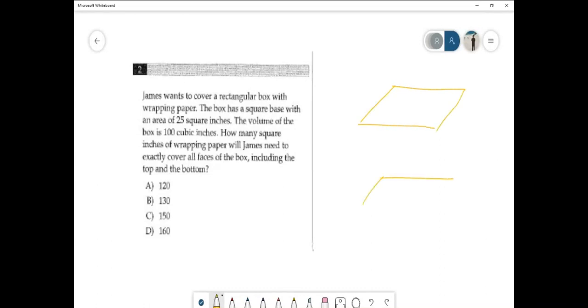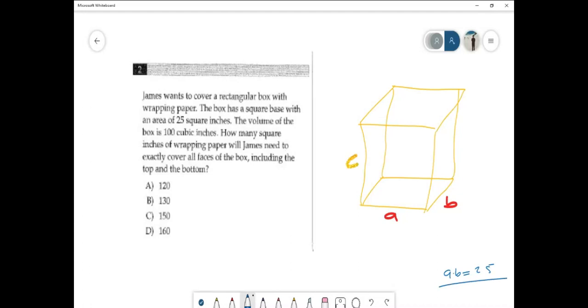That means we have something like this. A rectangular box. If it's rectangular, then this is A, this is B, and let's say this is C. It says the box has a square base with an area of 25.